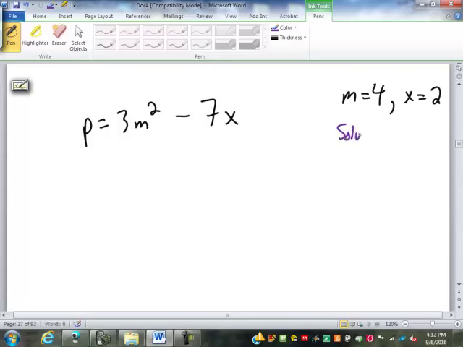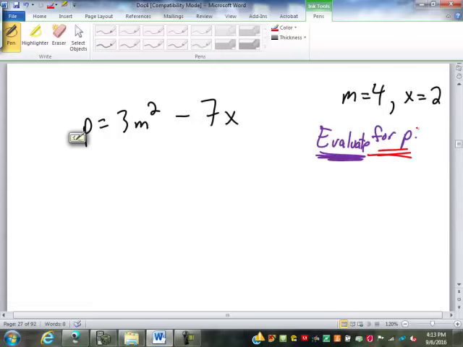You're asked to evaluate for P. The big command you would get for this is evaluate. When you get that command, evaluate, that means you're putting values in for the variables. When it says evaluate for P, that means you're going to use the values of other variables to get the value of P. Notice it's P equals out here.